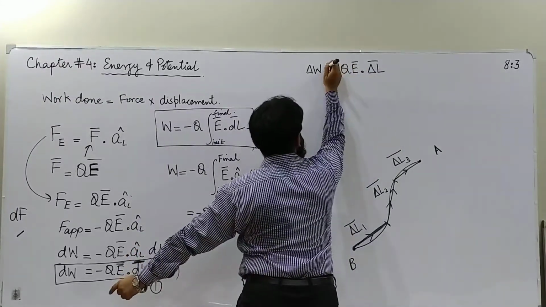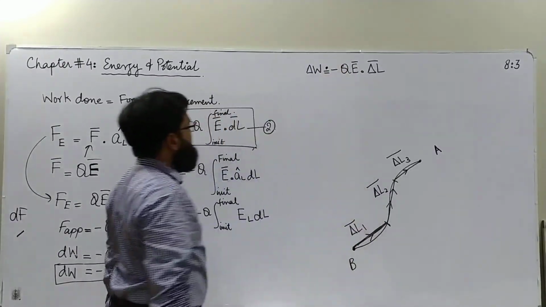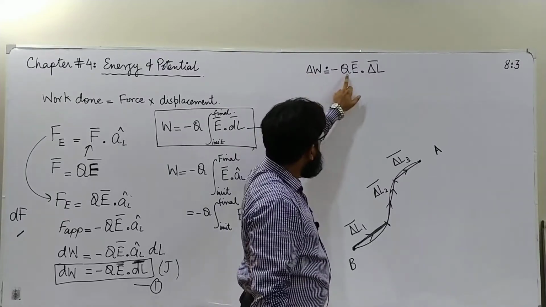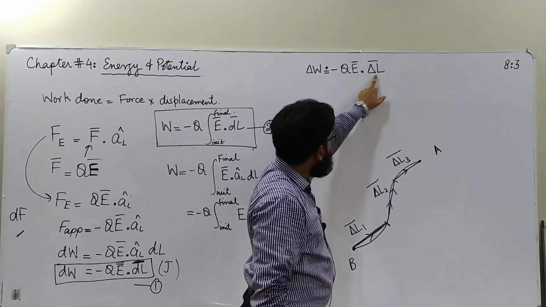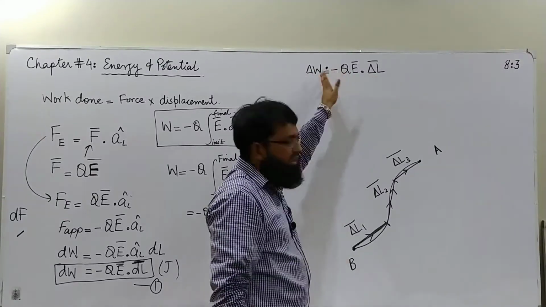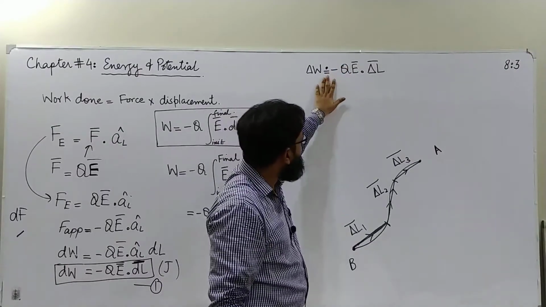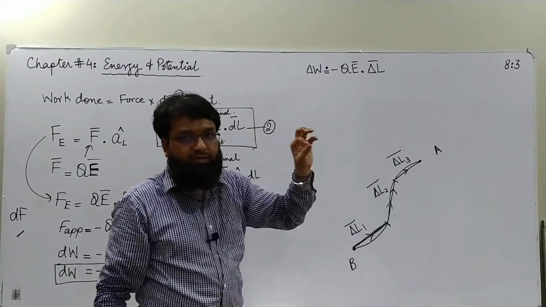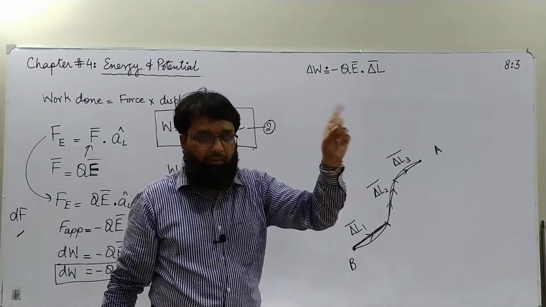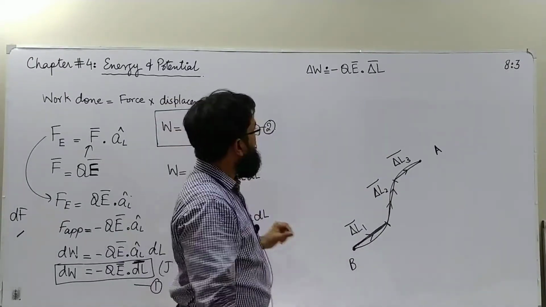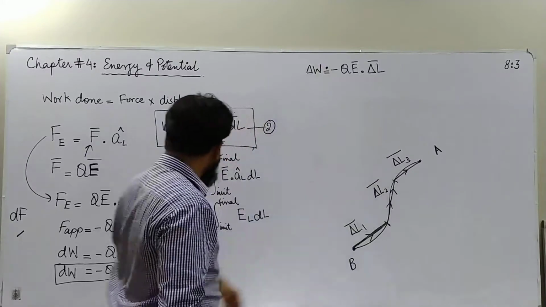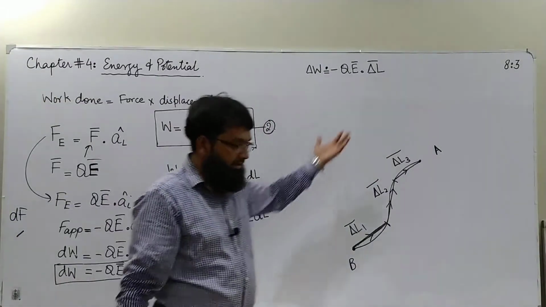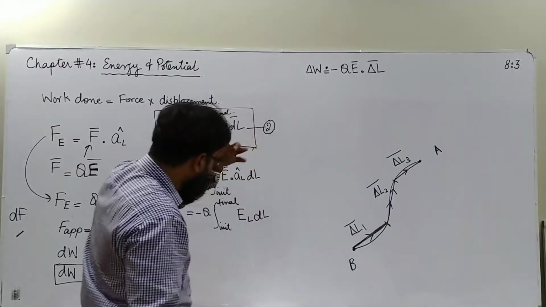But what we can do is write it like this: the incremental amount of work done in moving this charge in this field by this distance can be approximately equal to this if this length qualifies to be called incremental. Incremental is still very small, but it will be exactly equal if we apply the limit and convert this incremental length to differential length.